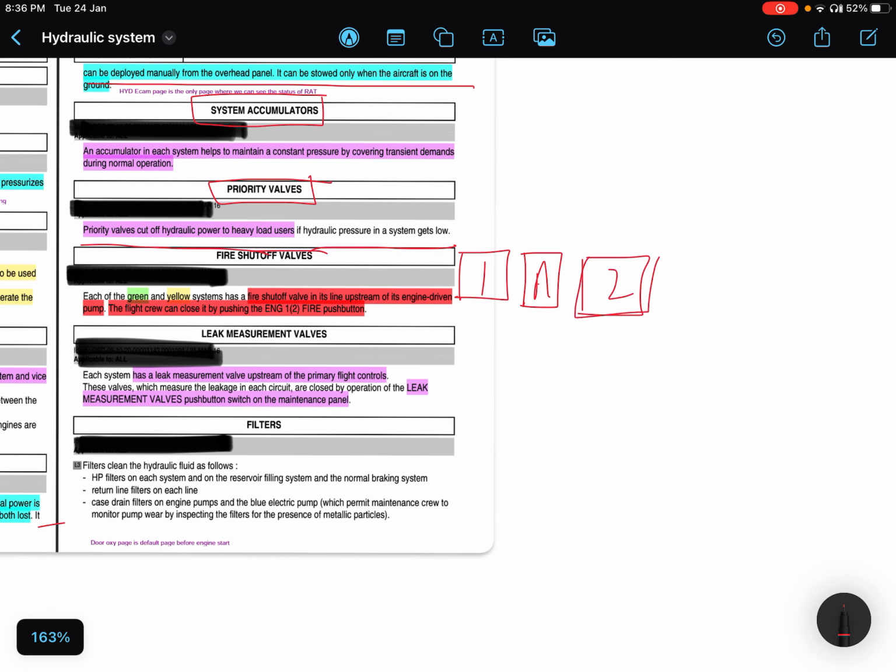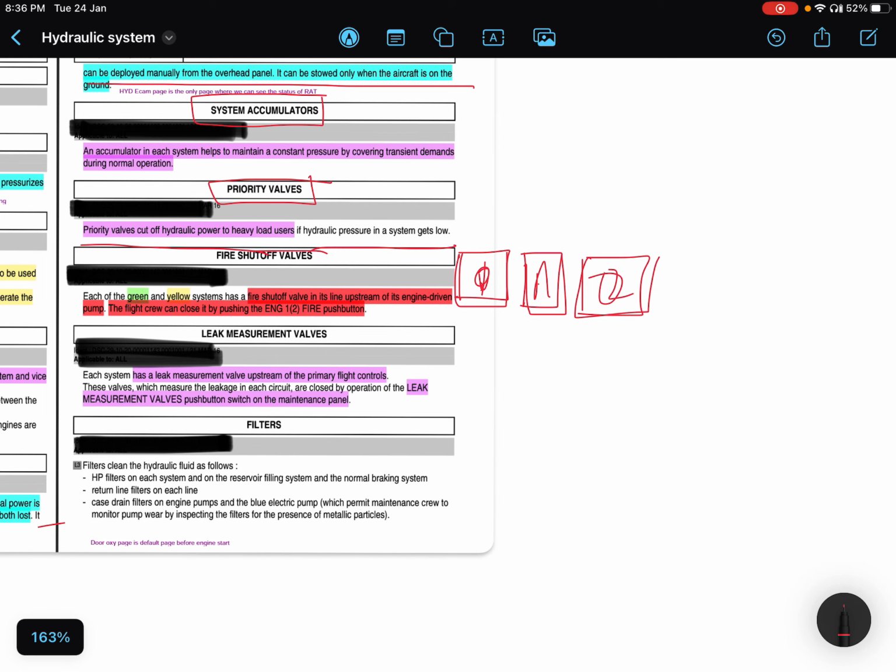These are red guarded switches, and these have red colored lights in them in case of any fire and something like this. So whenever you press these push buttons, they also close the fire shut off valves. They cut the supply of these valves.